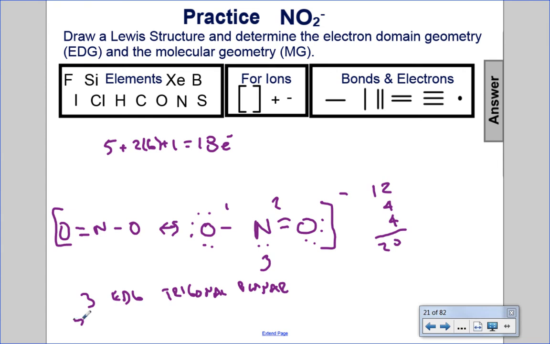Now, of the 3, 2 are bonded and 1 is not. This is a molecular geometry of bent. Again, 2 are the bonded pairs, and then the third is unbonded, making for 3, 2, 1.